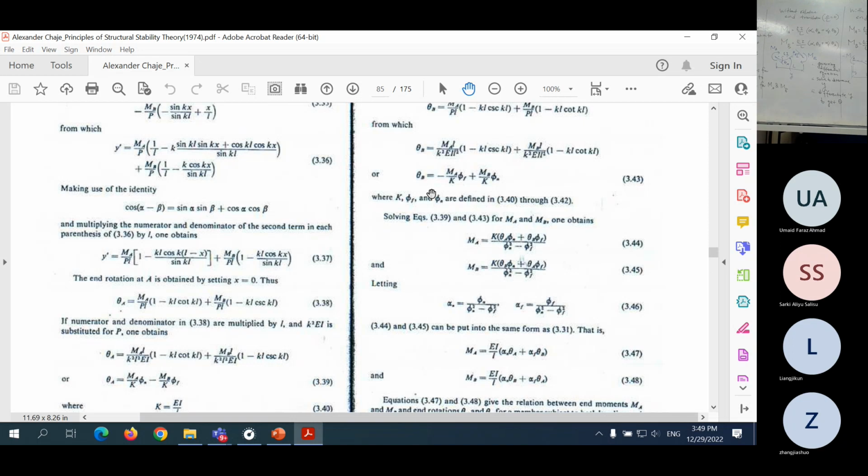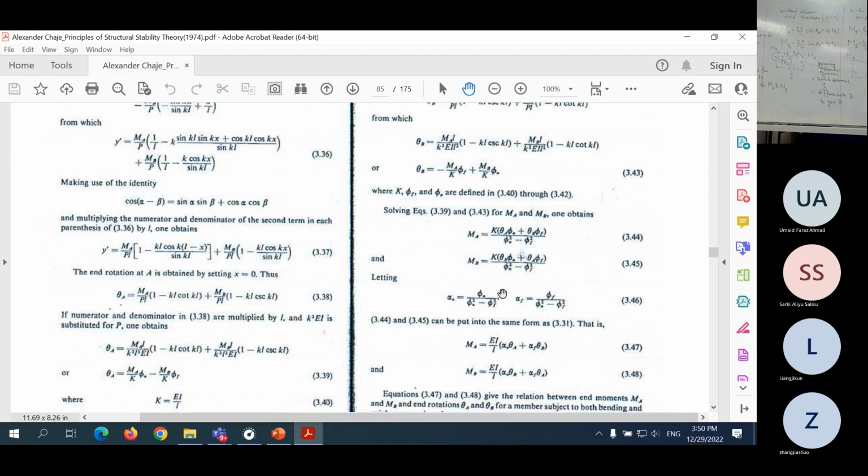This is a very clear explanation of the derivation process, involving some mathematical manipulations with sine and cosine to simplify and introduce the terms alpha N and alpha F. So that is why we come to this.